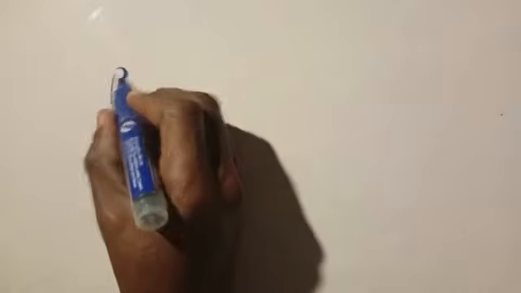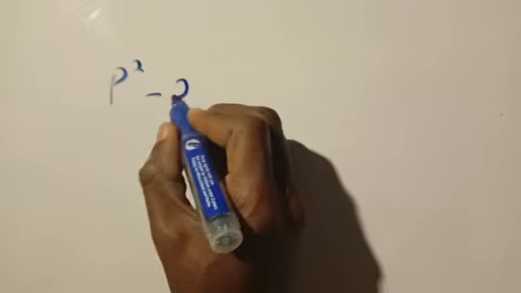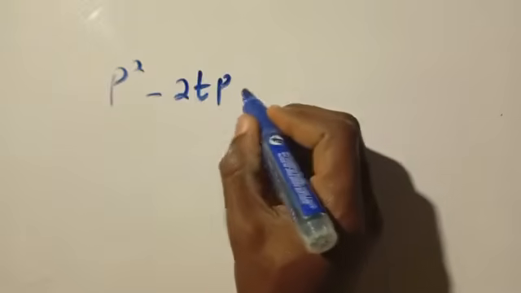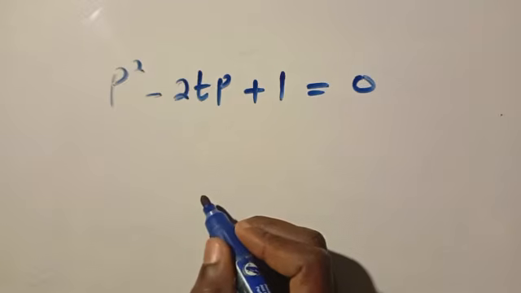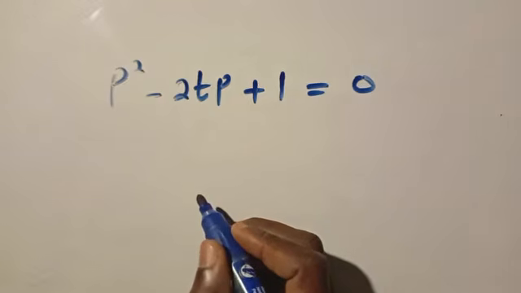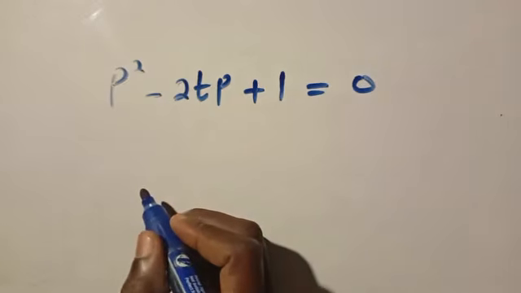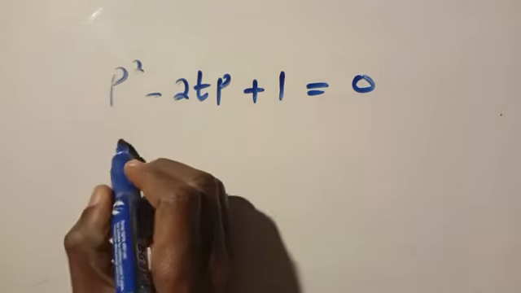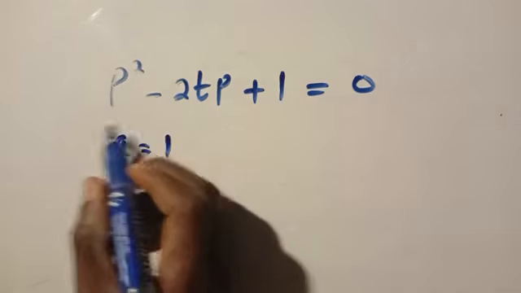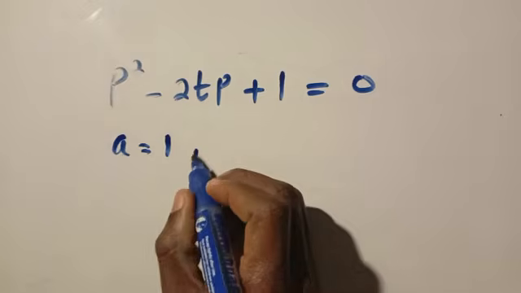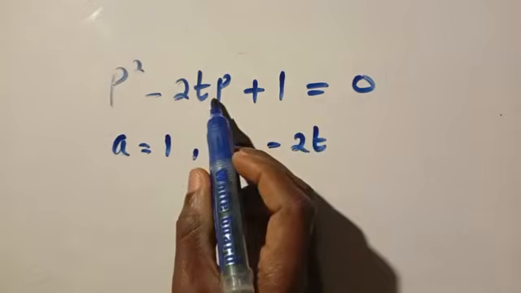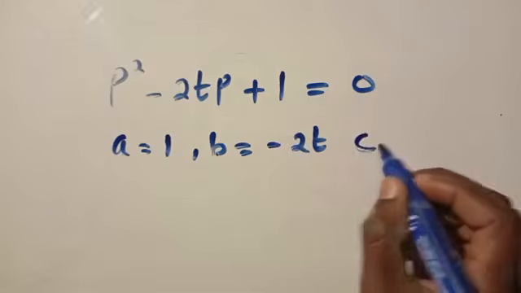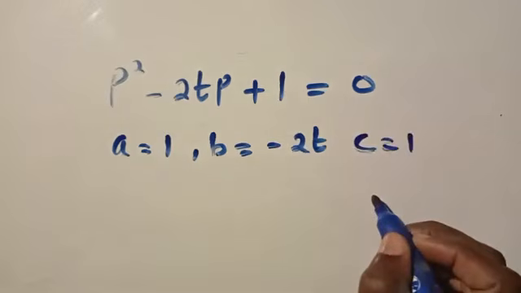From what we have above, p squared minus 2tp plus 1 equals 0. Applying the quadratic formula, we have a as 1, the coefficient of p squared, b as minus 2t, the coefficient of p, and c equals 1.